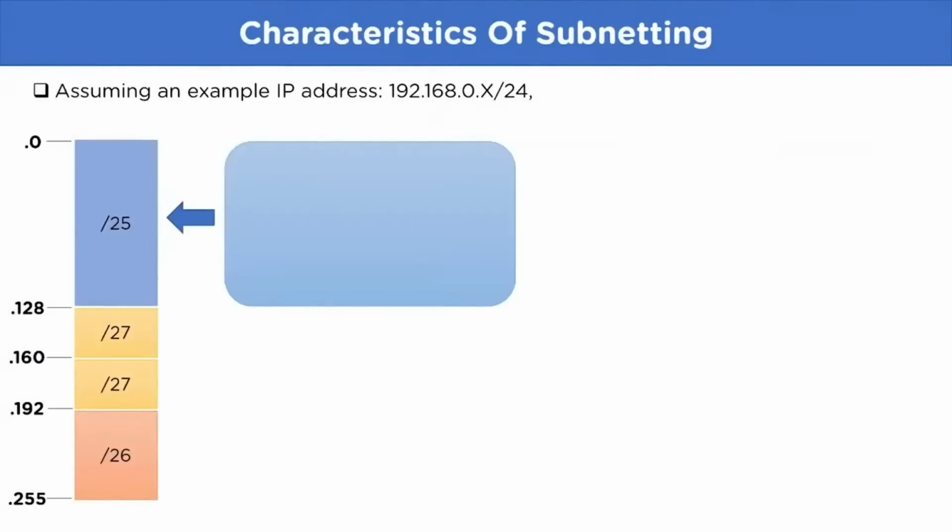In this example, we are assuming an IP address 192.168.0.x with a subnet mask of /24. For this IP address, we have divided it into 4 parts that represent /25, /27, /27, and the last part as /26. Now let's find out the details, that means the attributes, for the subnetwork /25.